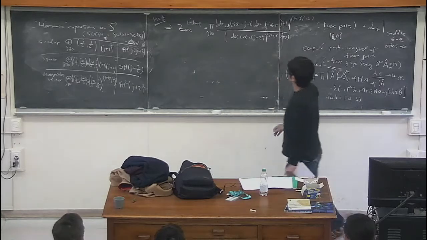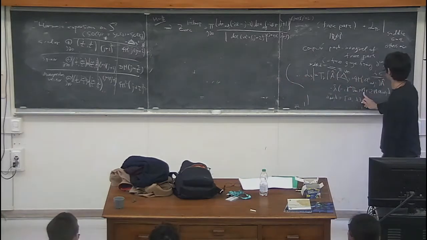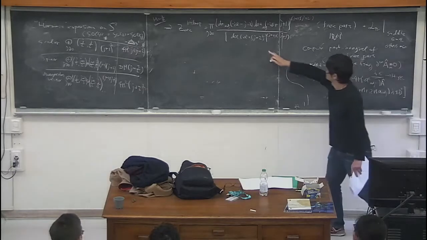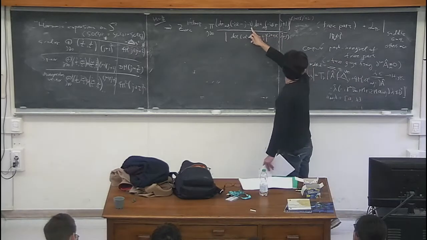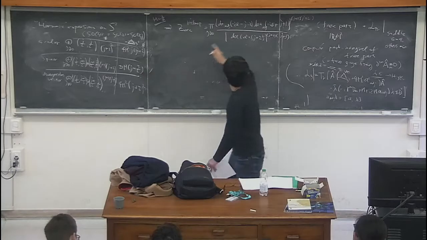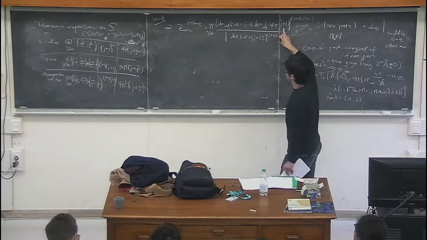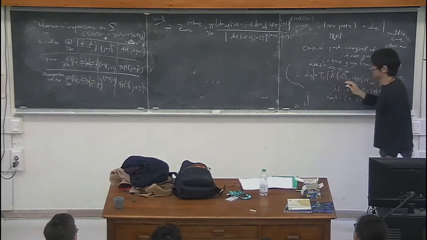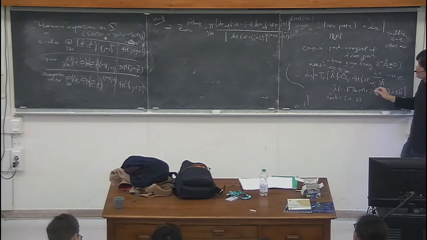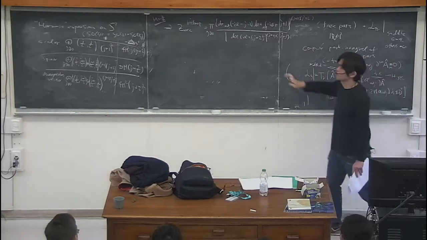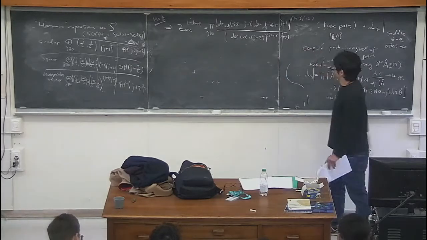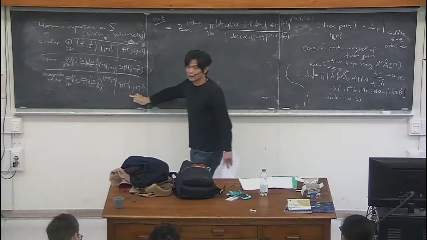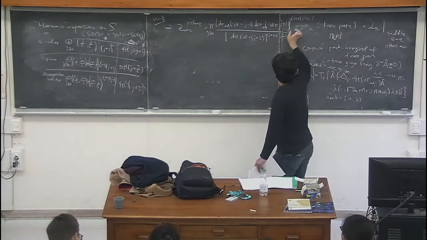Then this is 1 plus 2 something like this. And there's a plus and minus, so another one is j minus 2, j plus 1. This comes from the boson, so the Gaussian integral gives this denominator. And this factor, j plus 1 something, is a multiplicity.